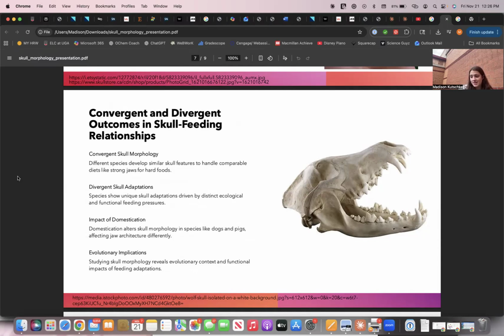And then plasticity and structural integration are common themes amongst all of these species. So, similarly, domestication alters the skull morphology in species like our dogs and our pigs, but then dietary changes have been the driver in our horses and our rabbits.